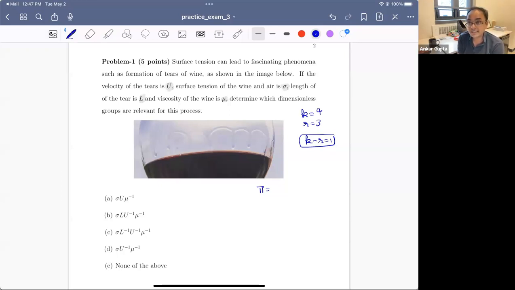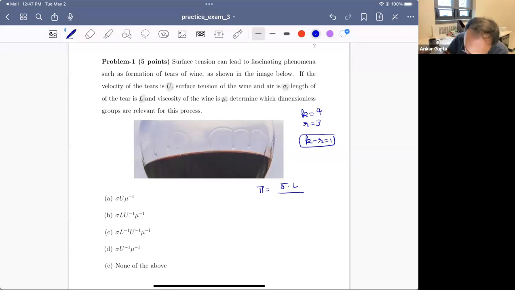So I see a surface tension, and a surface tension is force per unit length. So I can essentially create a force from it, or I can create a force per unit area. So let's create a force. So it's sigma times L is the force. And then we also know that we have viscosity. And if you remember Stokes' drag, it's 3 pi mu u d. So it's mu times u times a length.